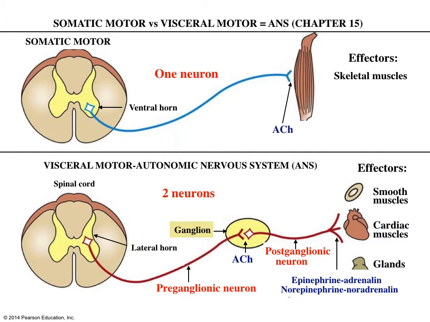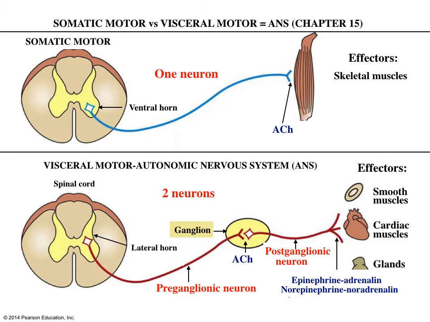In contrast, in the visceral motor nervous system, the autonomic nervous system, the effectors are ones that we cannot control: smooth muscles, cardiac muscles, and glands. Another huge difference is that the ANS has two neurons which synapse at a ganglion. The first neuron is called the preganglionic.